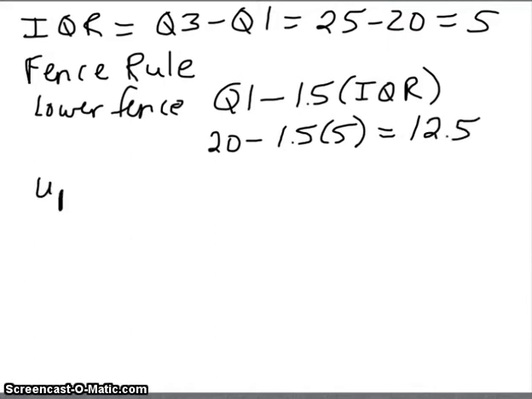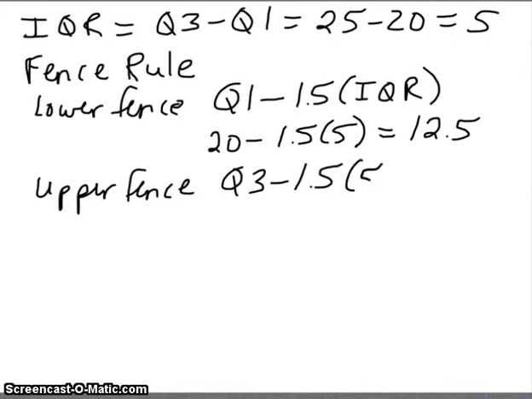The upper fence is Q3 plus 1.5 times the IQR, 5, and that would be 25 plus 7.5, which would be 32.5.